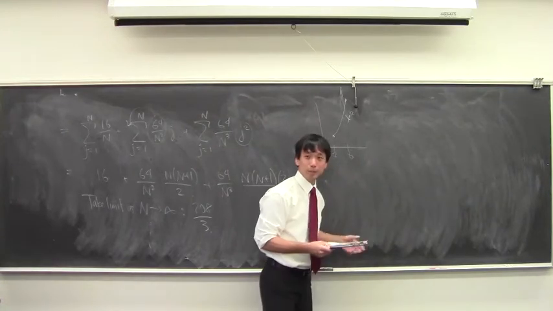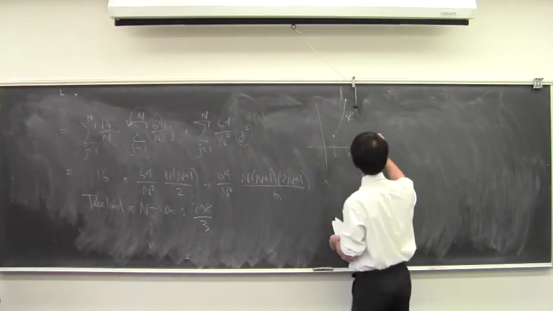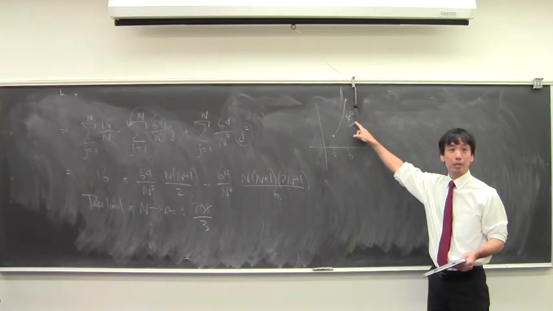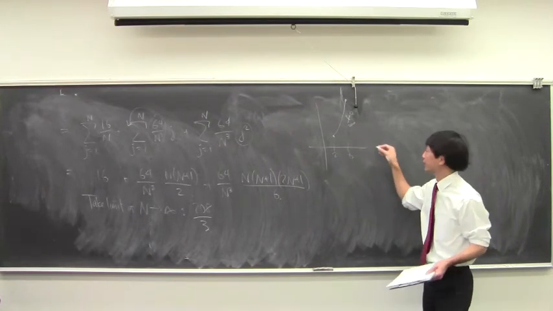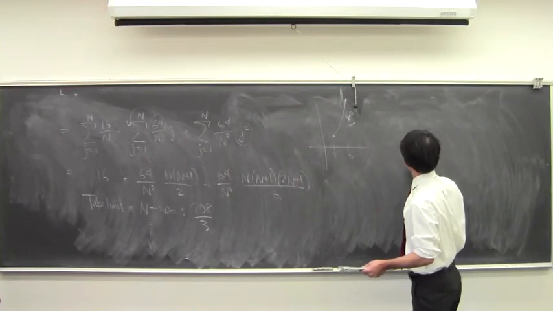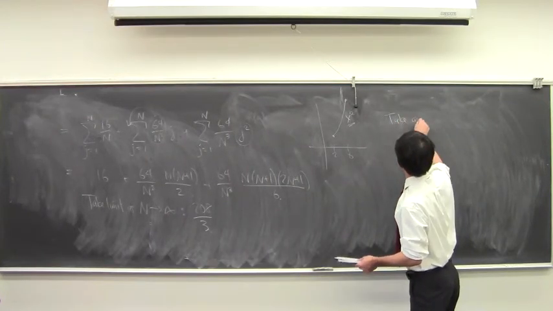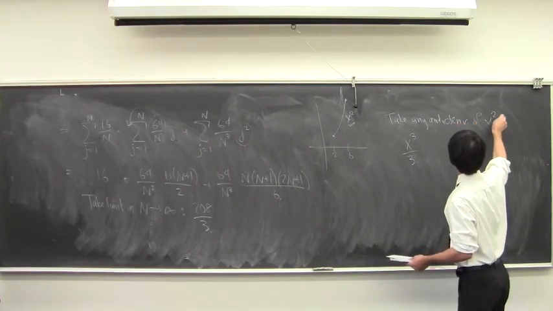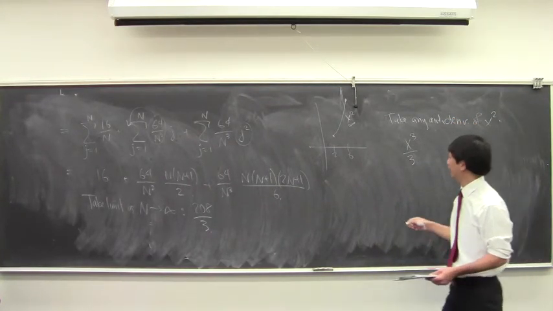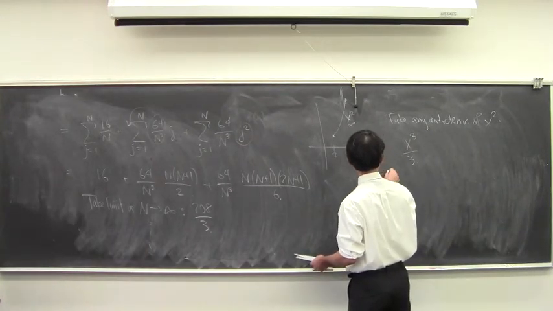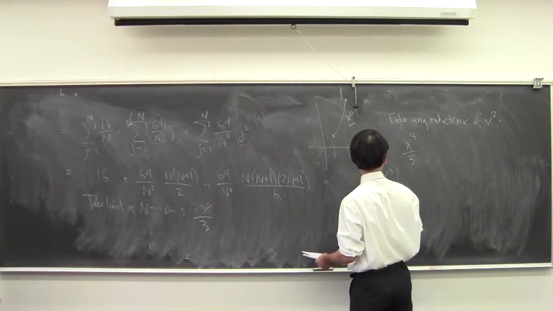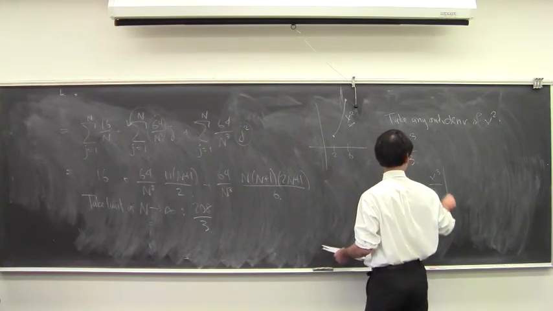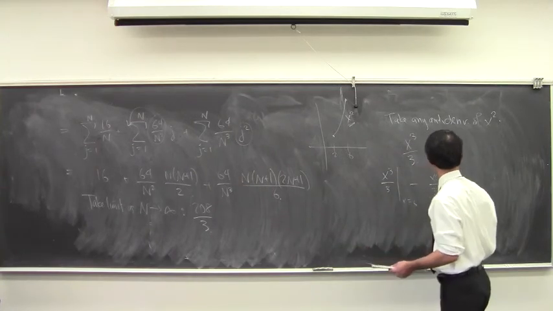Now here's something that will seem sort of miraculous, that should seem really miraculous. Somebody give me an antiderivative of x squared. x cubed over 3. Take any antiderivative of the function. Now look, take this guy evaluated at 6, and subtract off the same guy evaluated at 2.